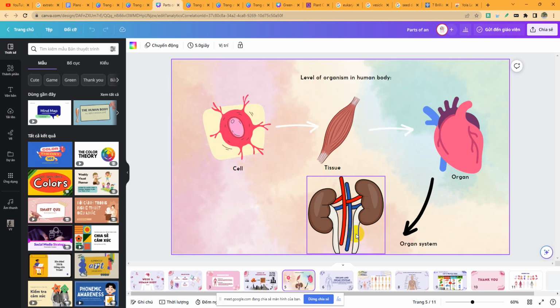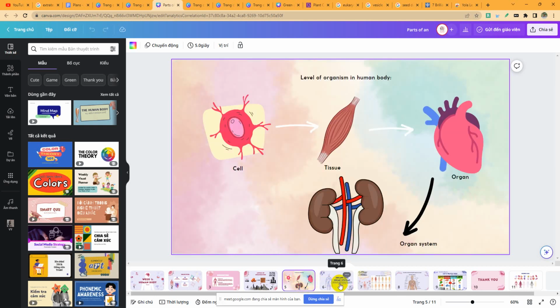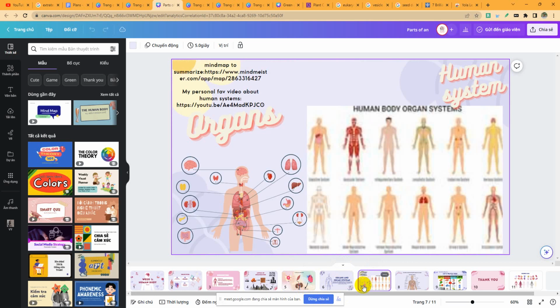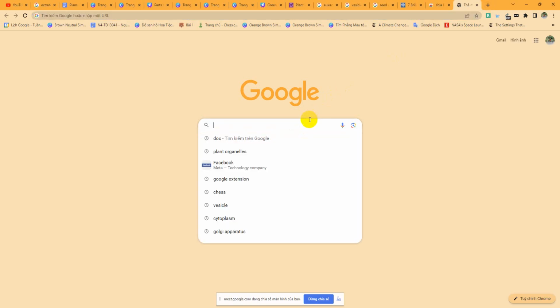Thanks to all the organ systems collaborating to sustain our very survival, we can live and, yeah, reproduce, of course. We take a closer look at all the organ systems that I think are essential in the human body. I remember that I made a mind map about this whole thing, which I think you guys can refer to if you want to learn more, recap, or recall all the information you've previously learned in the previous lesson.